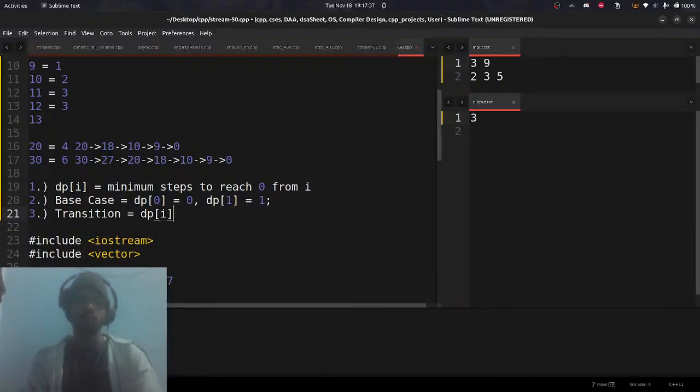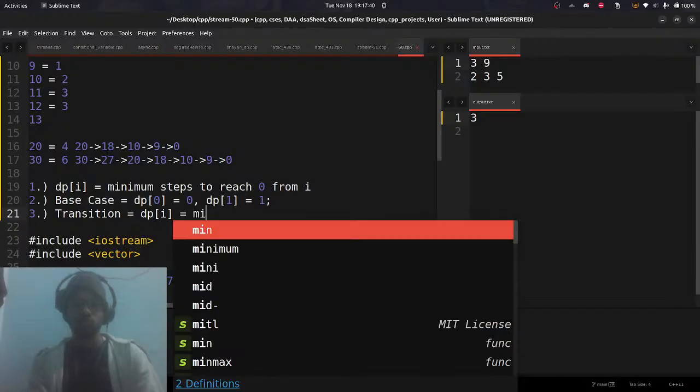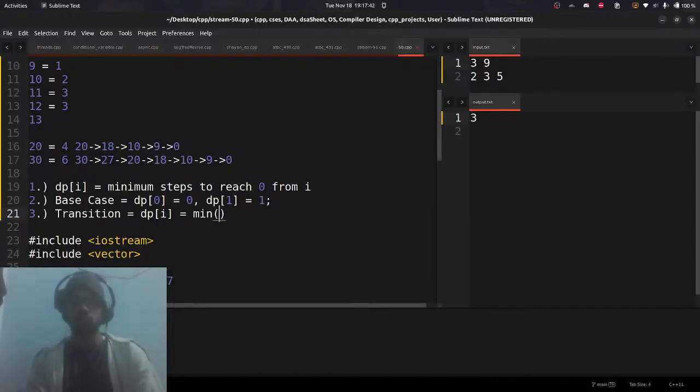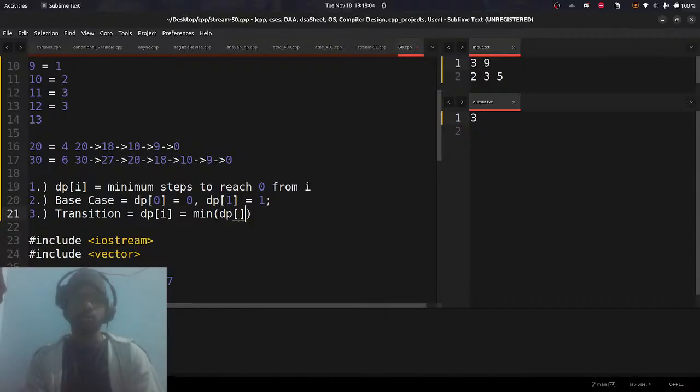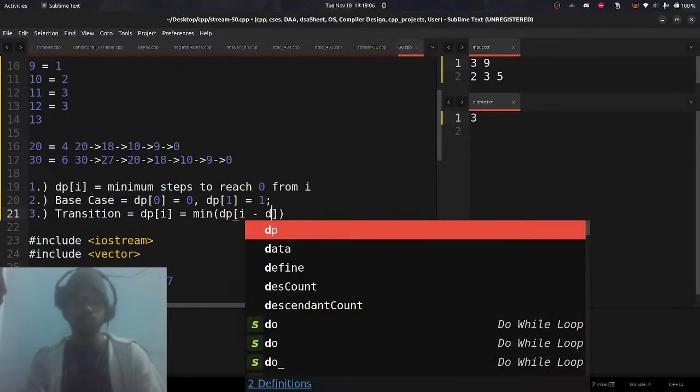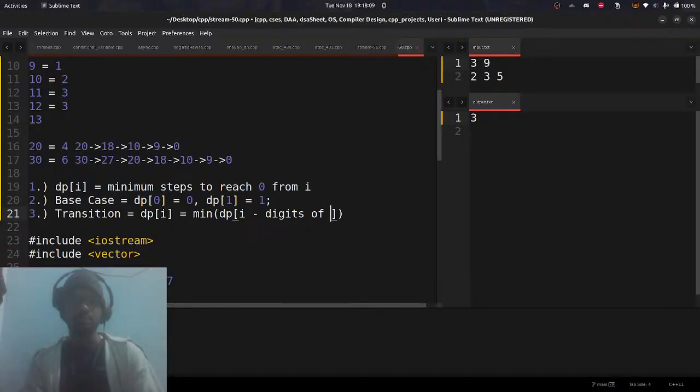dp of i is equal to the minimum of, how do I make that summation? That sign for all digits, or basically dp of i minus digits of i.